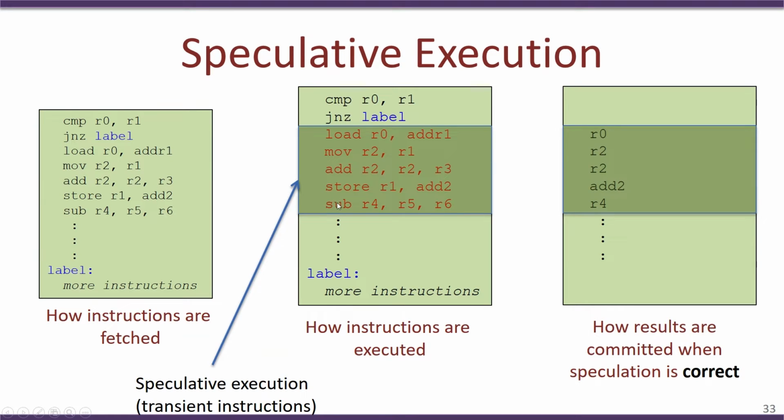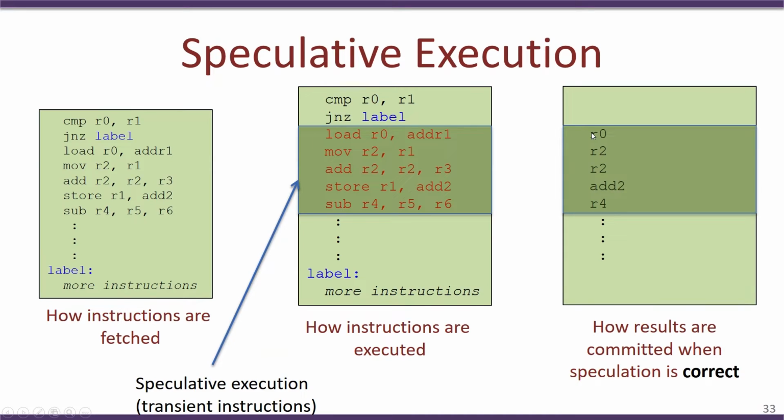But what happens within the processor is that these instructions are already speculatively executed, and the only thing required is that the results of these instructions should be committed. So once the result of this jump on no zero is obtained, in this case it means that the speculation is correct, and the processor would only commit the results.